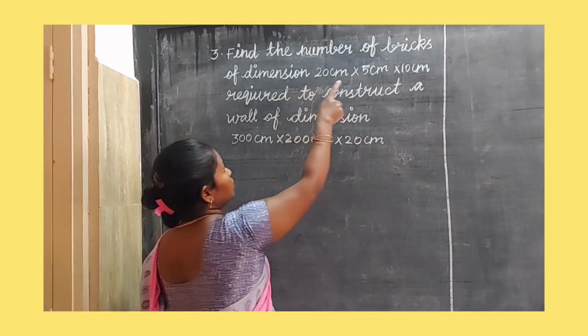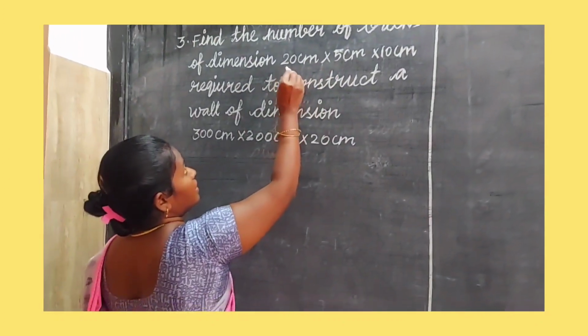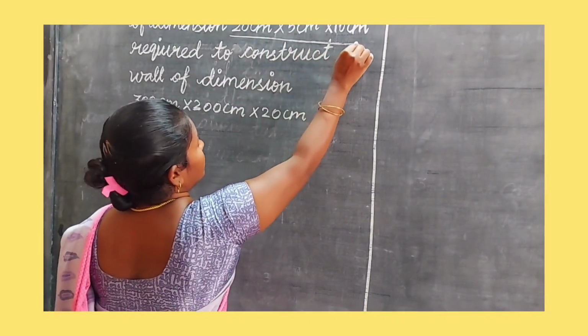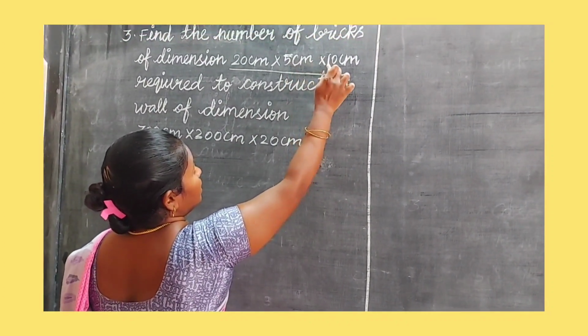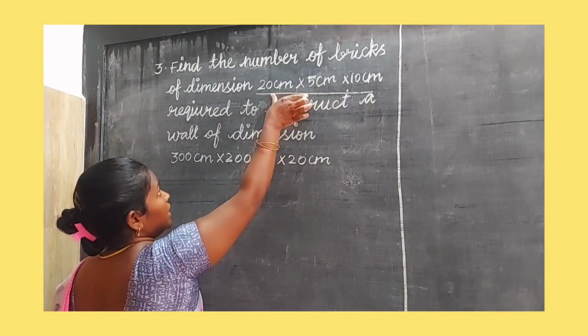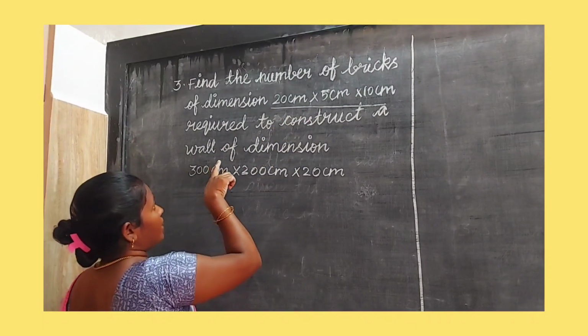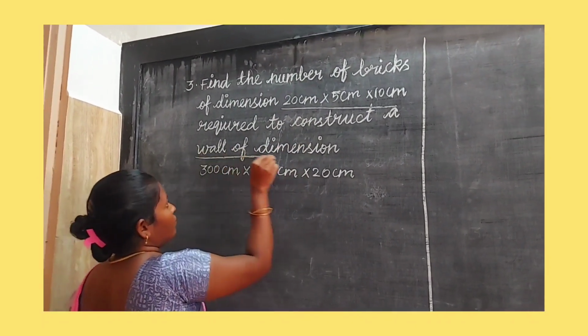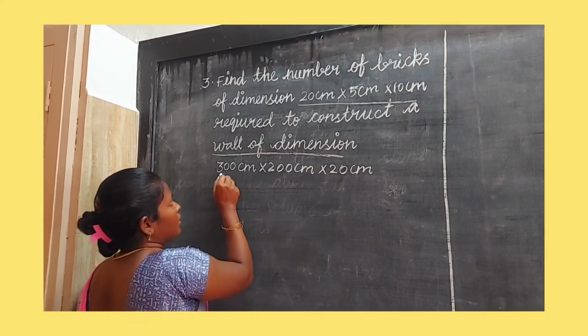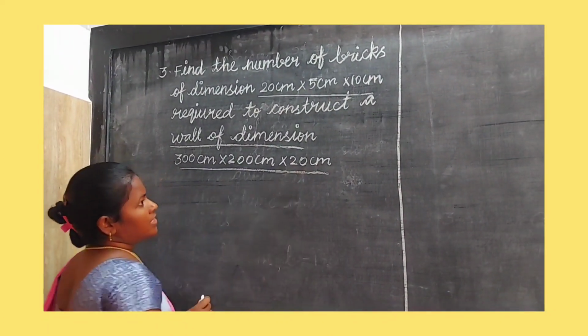Children, in this question, the bricks value is given. So bricks value is 20 centimeter, 5 centimeter into 10 centimeter. We have to find this first, the volume of bricks. Next we have to find the wall value. Wall of dimension value is 300 centimeter into 200 centimeter into 20 centimeter.